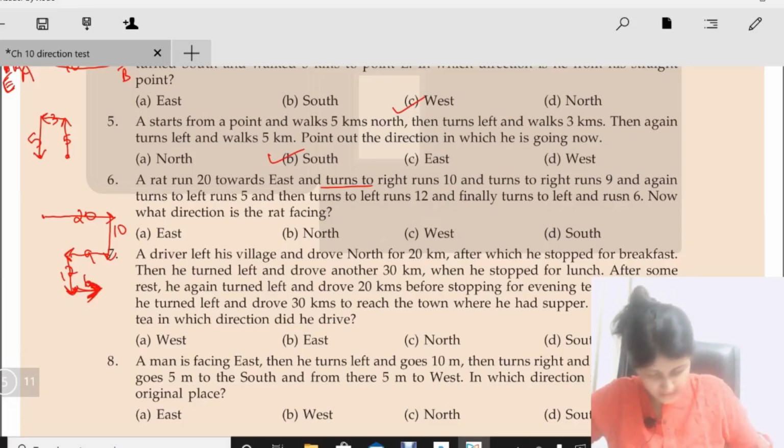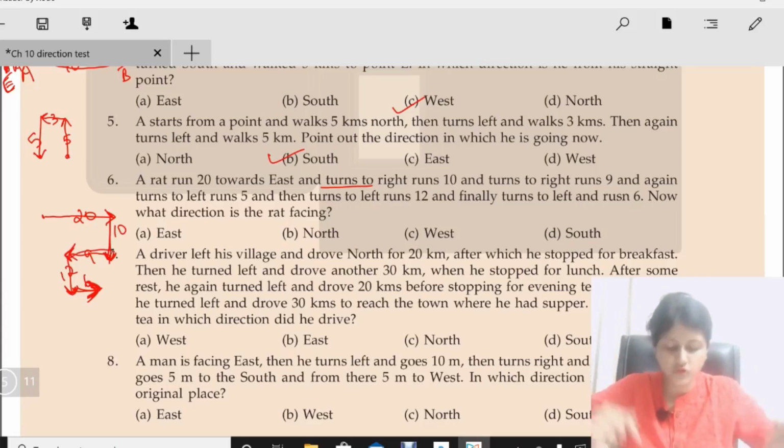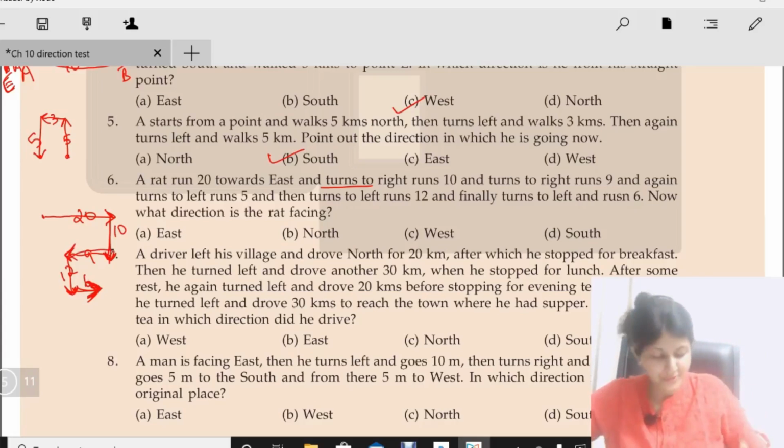Let us check it once again. A rat runs 20 towards east and turns right and runs 10 and turns right and runs 9 and again turns left. See, this was the mistake I was talking about, and I myself committed that mistake.